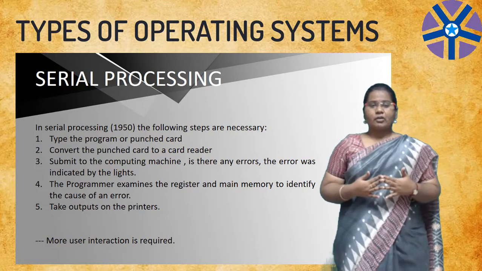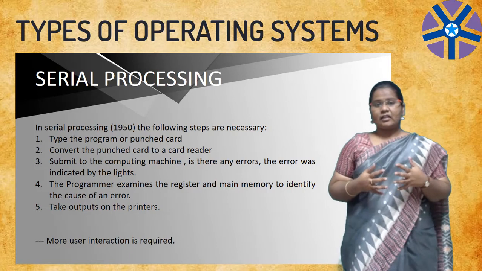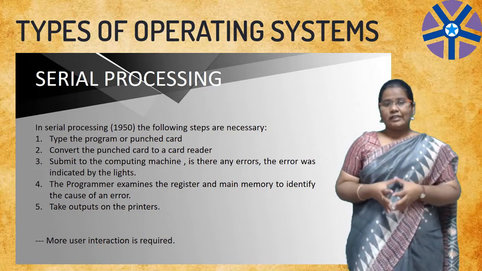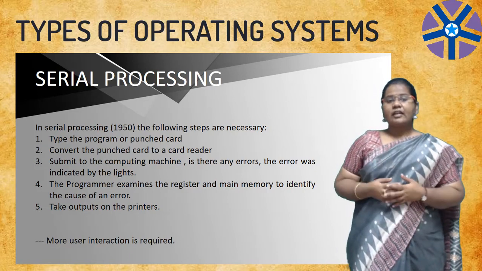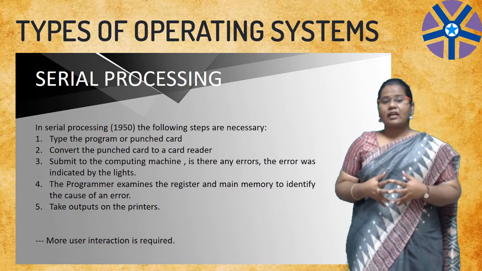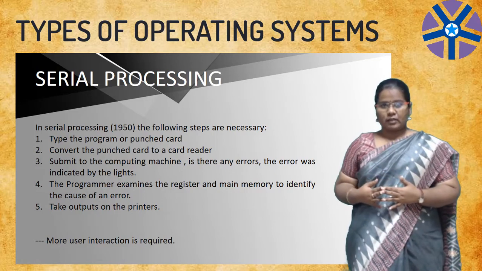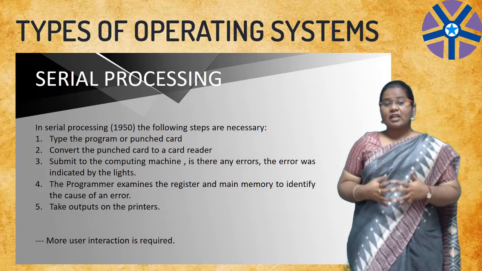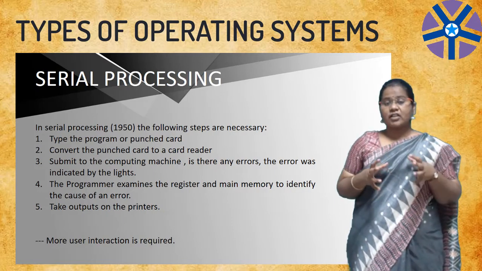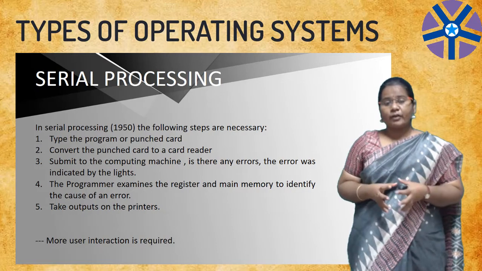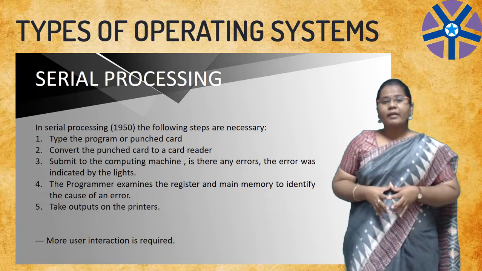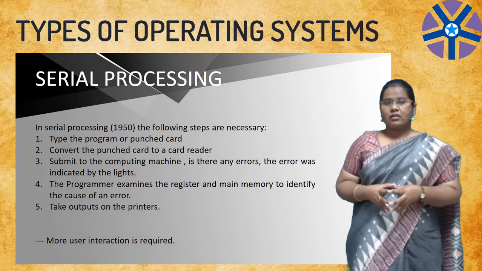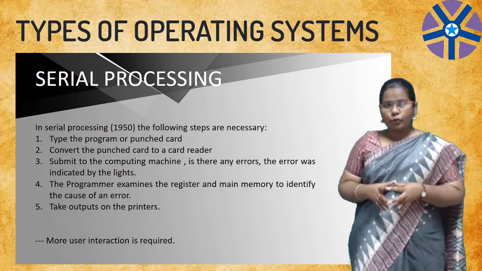So in serial processing, in the early 1950s, each and every instruction was executed serially. As you can observe, in those times, each and every device, each and every hardware component of a computer used to be of a huge size, say for example, of a room size.